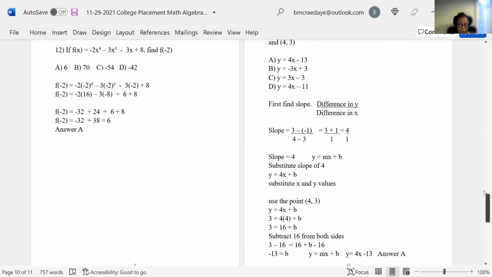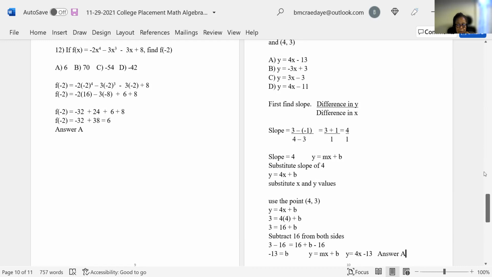So number 1, first step, find your slope. Then once you find your slope, you can take your general slope-intercept equation, y equals mx plus b, put that slope in for that m, and then you can use any of those x, y values. We used the 4 and the 3. We could have used the other one. They gave us 2, right?